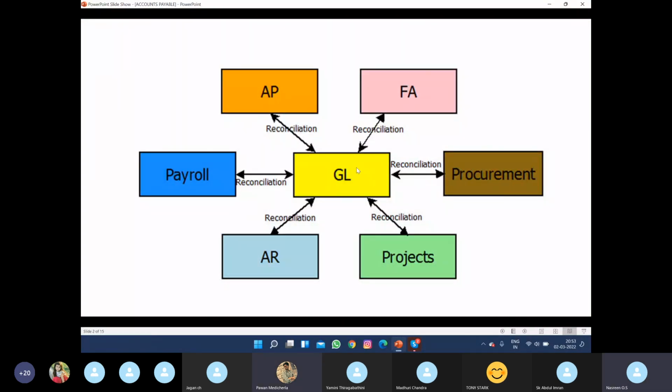Balances means by the year end, we have certain balances such as assets balances, liabilities balances, etc. All these balances are taken from the GL account, but not from the subsidiary ledgers. We don't consider the balances of AP, AR, FA, etc. We consider the balances in the GL account itself. So what is the need of these AP, AR, etc.? Let's understand.